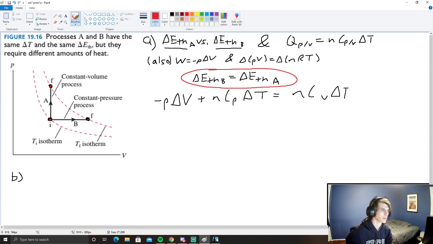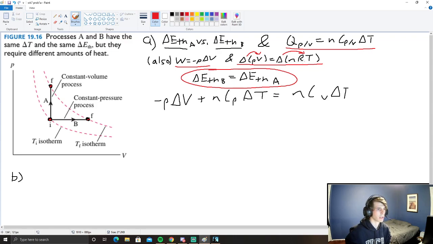After that, there are some substitutions that are made with work and this equation, and eventually with the PV equals nRT equation and some deltas. If you substitute in the PV equals nRT equation, since the pressure is constant in the constant pressure process, the delta only goes to the volume, and there's only a change in temperature here because obviously n and R are constants.